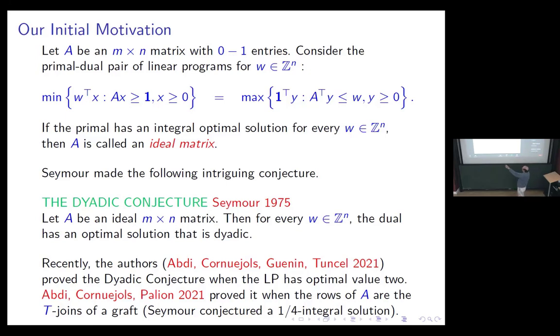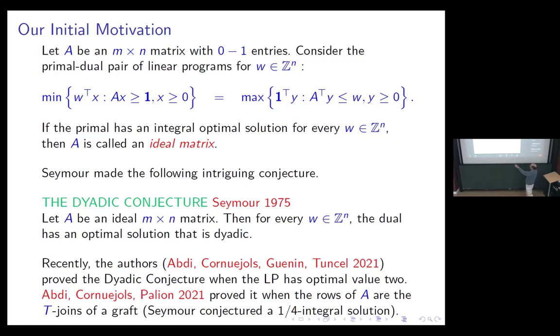We're going to say that this matrix A here is ideal if the polyhedron here only has integral vertices, or said differently, for every integral objective function w, there is an integral primal optimal.